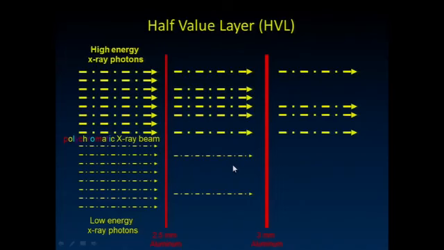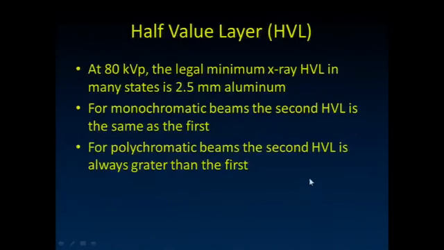The mean energy of the beam gets higher. The quality of the beam gets higher. The quantity always gets lower with filtration, but the quality, the average energy of the X-rays that you have, gets higher.